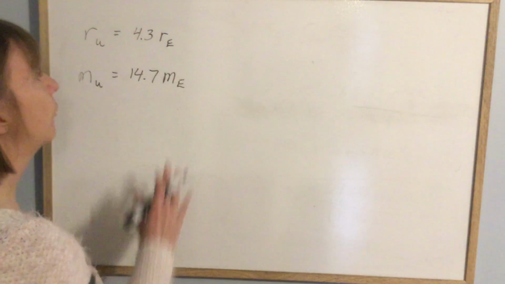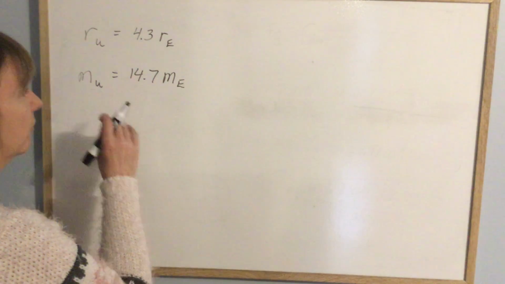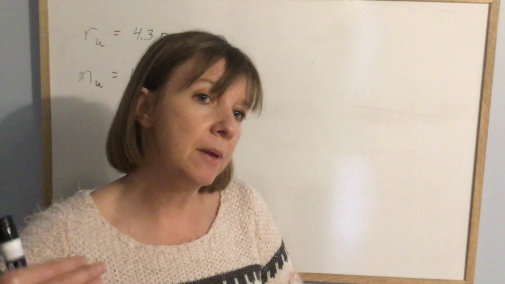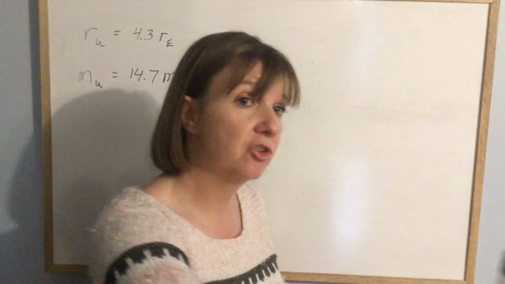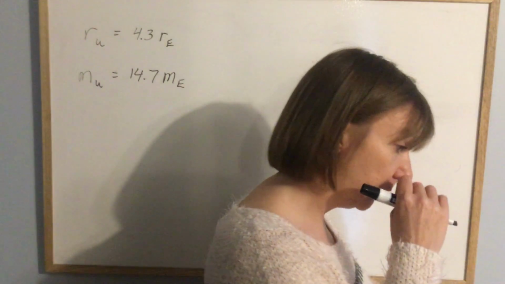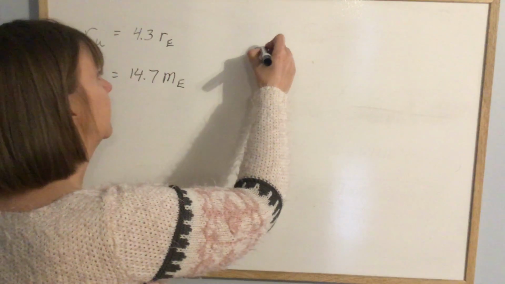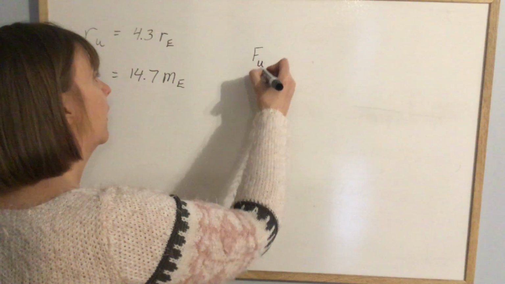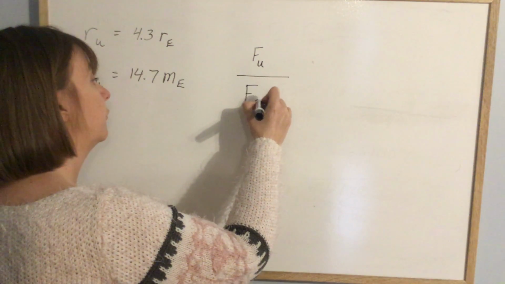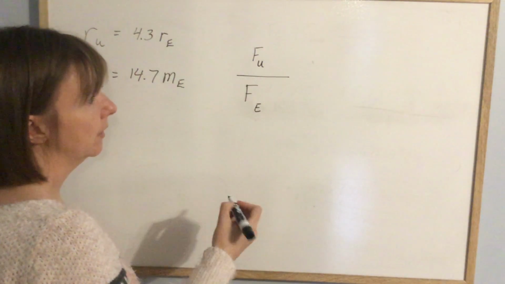The radius is 4.3 times bigger than Earth. The mass is 14.7 times bigger than Earth. So how many times as large is the force of gravity on that planet? So really what we're doing is comparing the force of gravity on Uranus to the force of gravity on Earth.